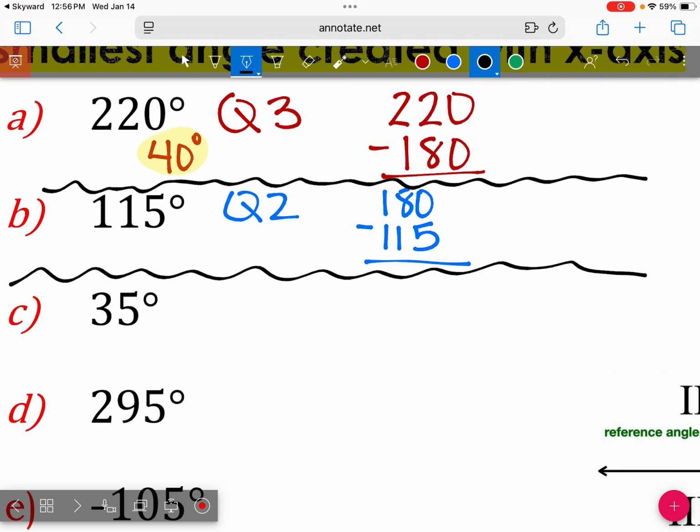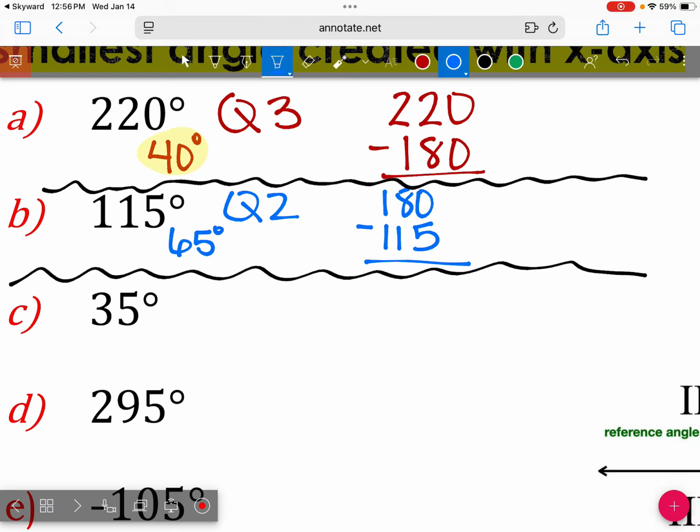And it should be, again, it should be positive. It should be less than 90. So did you get an angle less than 90? All right, what did you all get? 65. Who got 65 degrees? All right, you are correct. That is your reference angle.